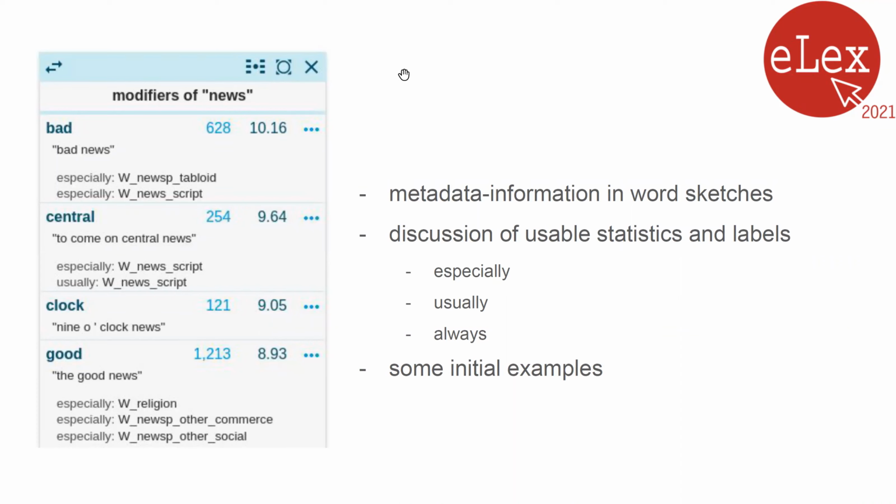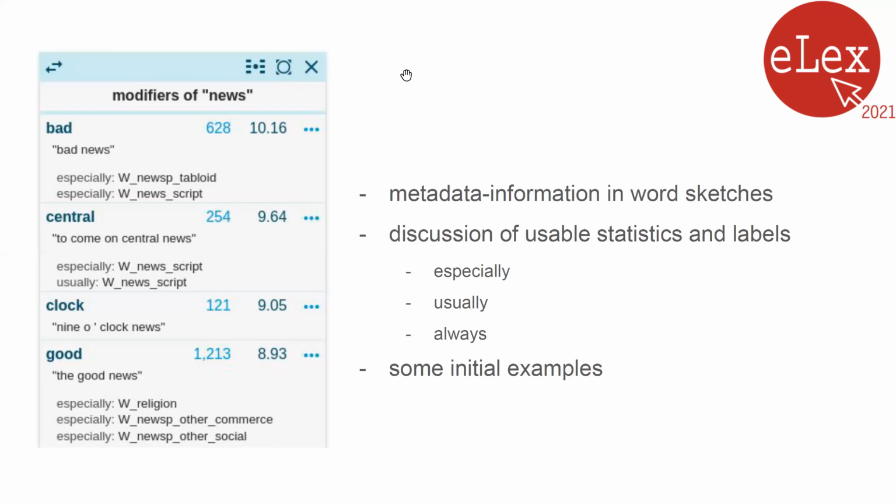Okay, hello, I'm Wojciech Kovář from Masaryk University and Lexical Computing, and this is joint work with Miloš Jakubíček and Ondřej Herman from the same institutions. The paper is about the thinking and the mathematics behind what is now a new feature in the Sketch Engine, illustrated by the picture on the left, which is connecting text types with collocations in word sketches.